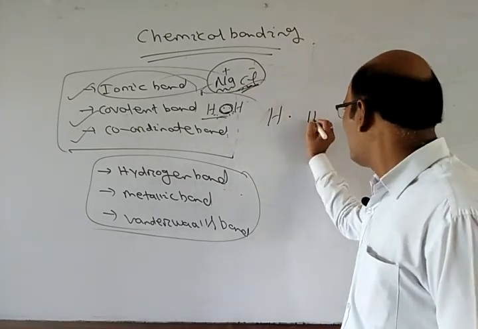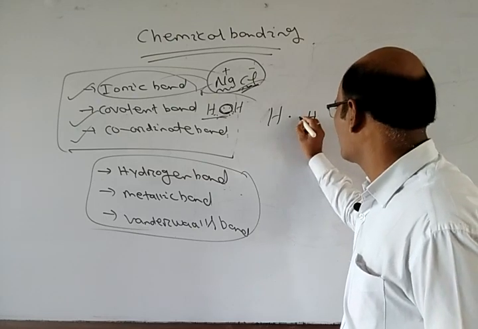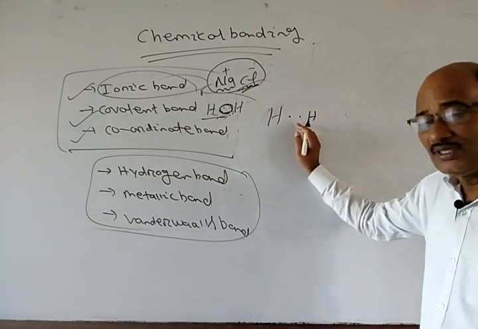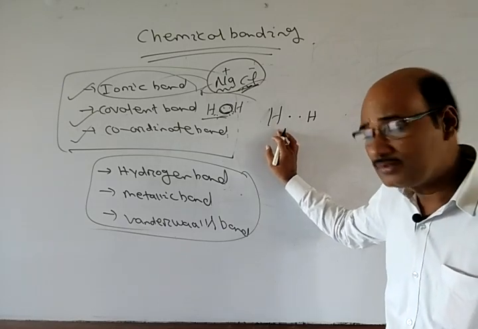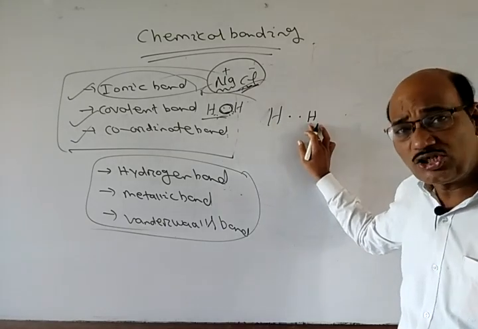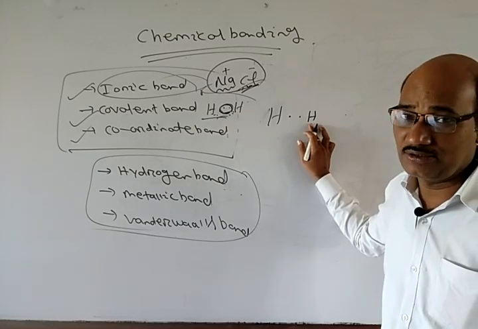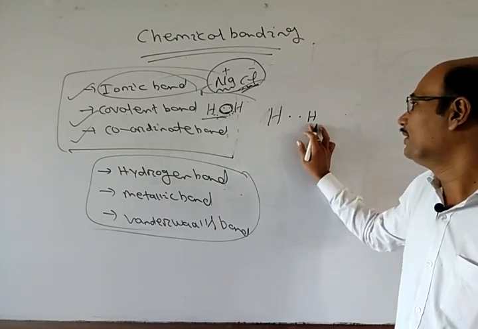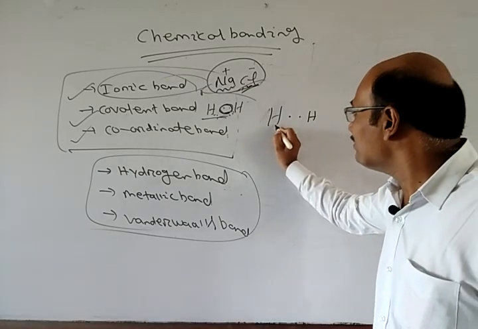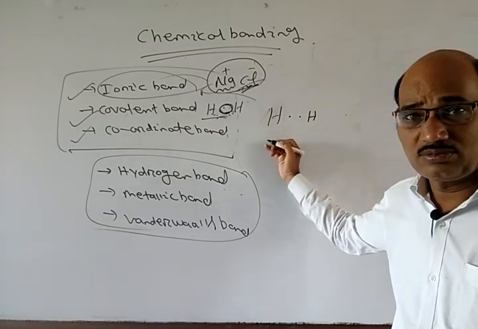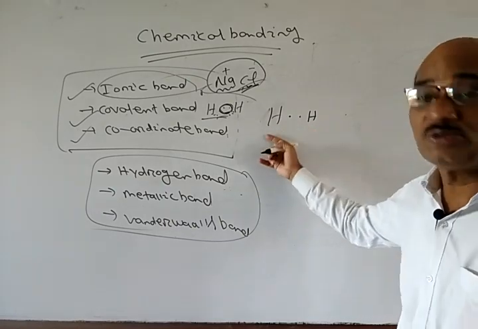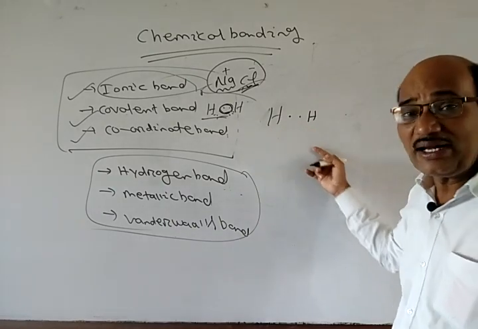Now if I have another hydrogen, again we have one electron. So this hydrogen is also one electron short of the stable doublet. If this one gives its electron to the other, it becomes H plus with no electron, while the other becomes 2. So what are they doing?